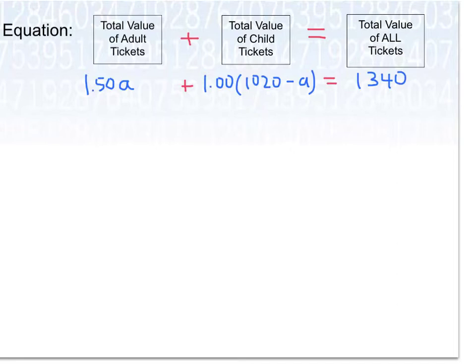If we remember how to do that, we want to make sure we simplify each side separately. The 1,340 doesn't have much to go, but we need to figure out how we're going to simplify the left-hand side.